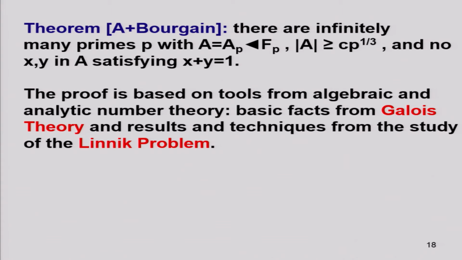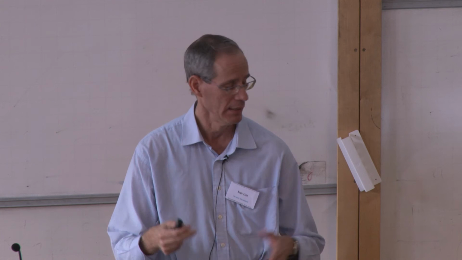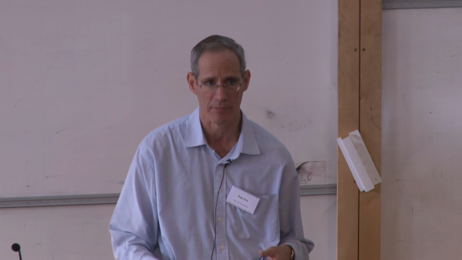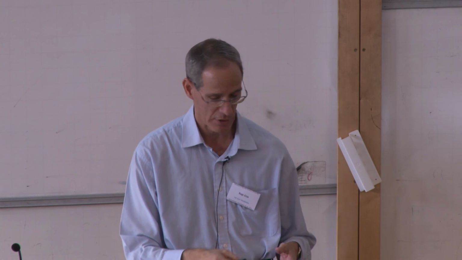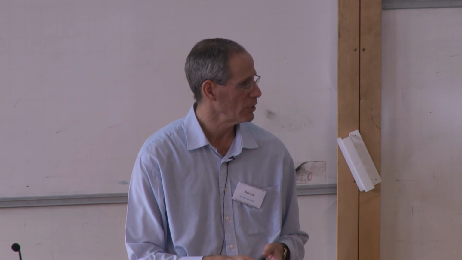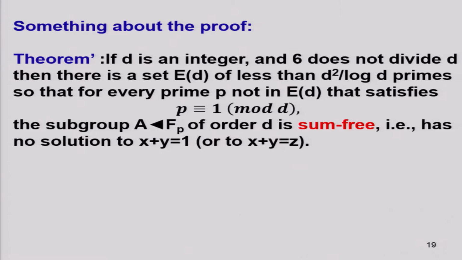And although this proof is less combinatorial, I want to sketch it briefly, because I think it's very nice. So it combines some simple tools from Galois theory and some results about what is called the Linnik problems, a quantitative version of Dirichlet's theorem about primes in arithmetic progression. So let me just say quickly something about this proof.